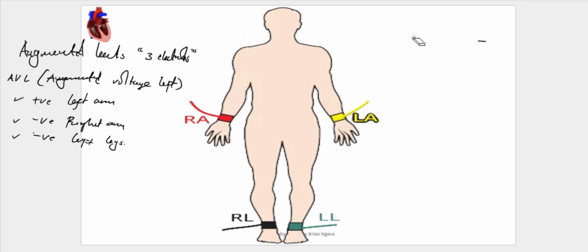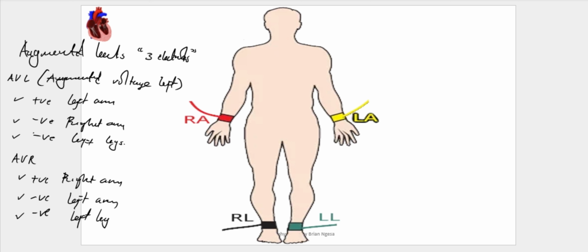So let's move on to the augmented right. We can abbreviate it as the augmented voltage right. This suggests that the positive electrode is placed on the right arm. The negative electrode is placed on the left arm, and the other negative is placed on the left leg.